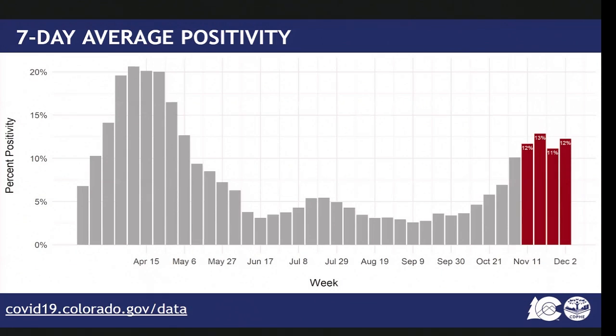That's a trend that has been pretty persistent since the end of October. We've seen these higher levels of percent positivity, keeping in mind that our goal is to try and be below 5%. We know that once we get above that 5% level, that's an indication that we're perhaps not detecting as many cases in the state and that transmission levels of this virus are higher. Next slide.